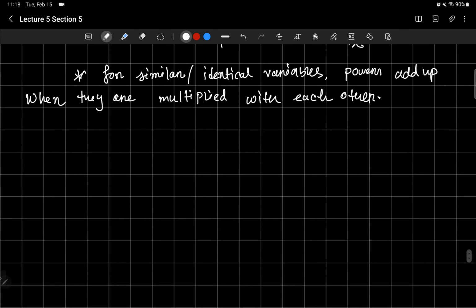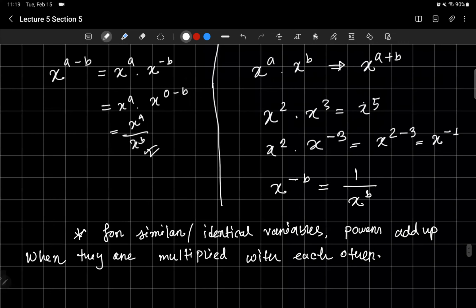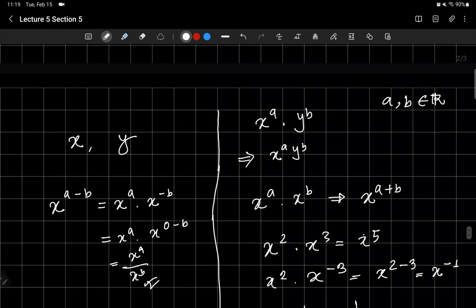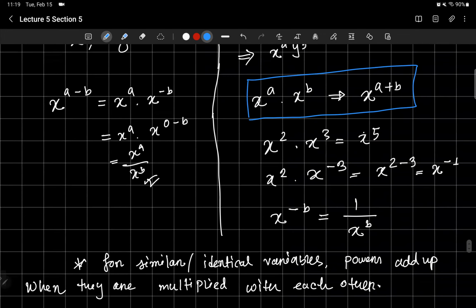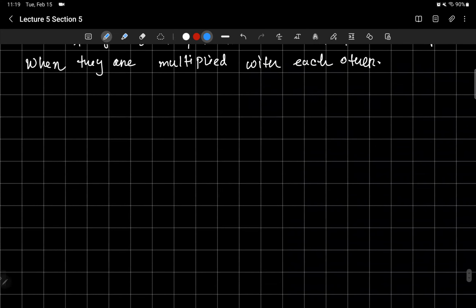Okay, so let me show you something that will involve some fractional powers, because this is a very general expression, and I only worked with integers so far, positive and negative integers, but what about fractions? So let's say you have x to the power half times x to the power 3 by 2.